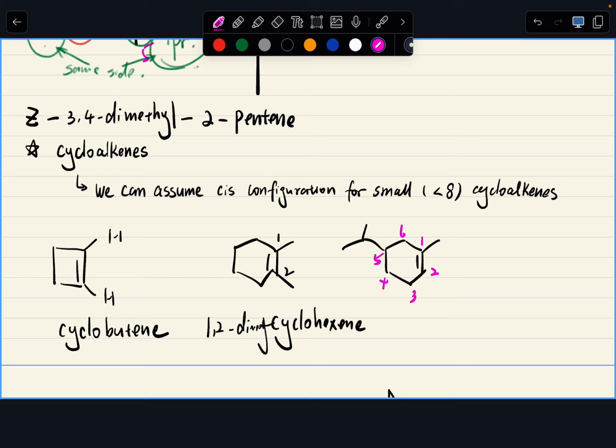You don't have to do E or Z for these small rings because they are presumably all Z, or all cis. But what if it's in position 4, directly opposite? How could it be cis? Well, it doesn't matter where you put the substituent. So we're talking about this double bond here.